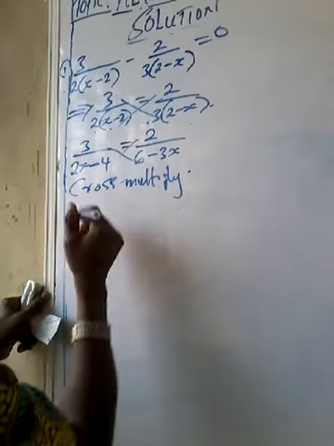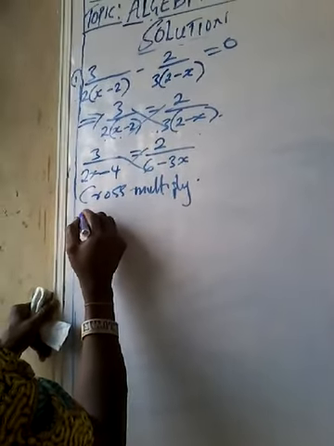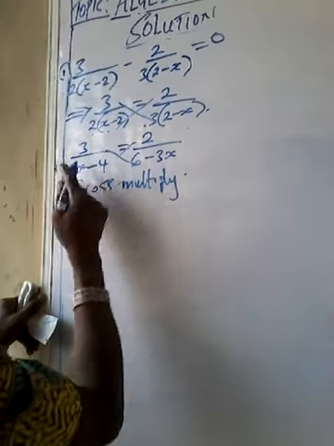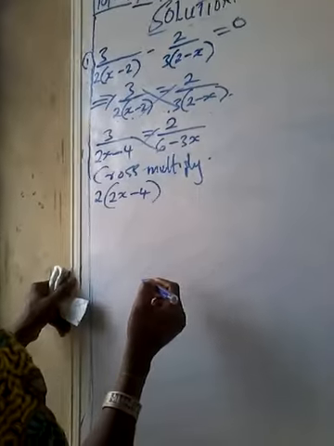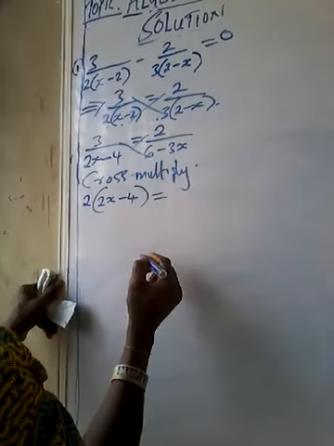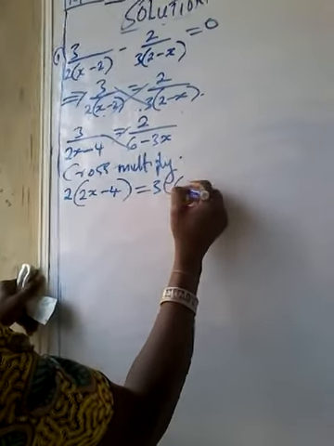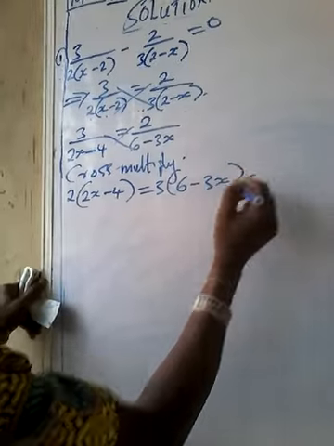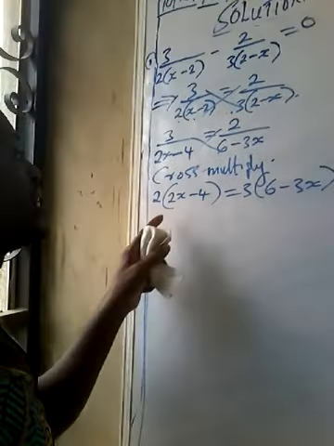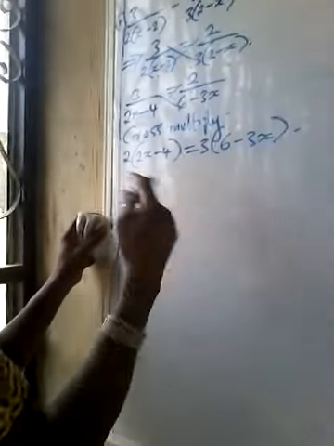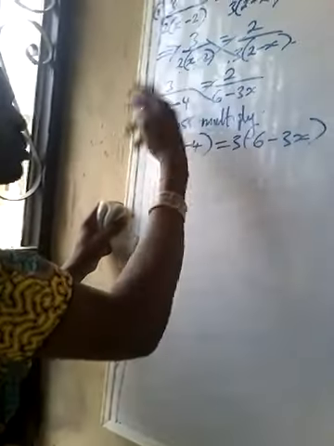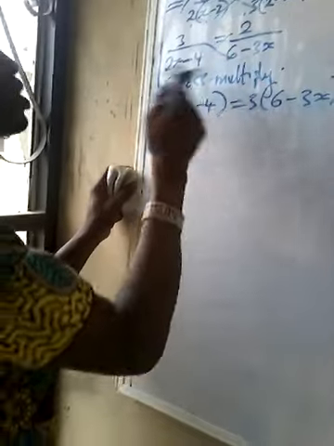If you cross multiply, what you're going to have is 2 multiplying this, 2x minus 4, close the bracket, is equal to 3 into bracket 6 minus 3x. Look at what I did here. I did not say 2x minus 4 into bracket 2. Even if you say it, it's still the same thing, let them just multiply themselves. Since it's a product, anyone can come first.